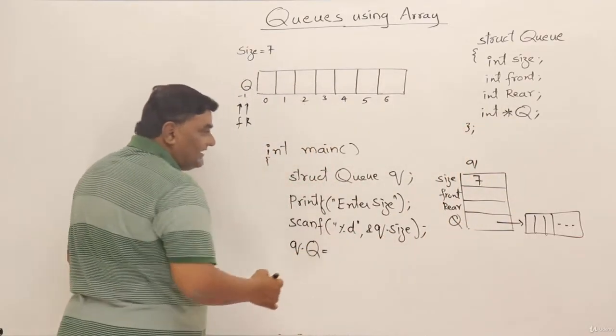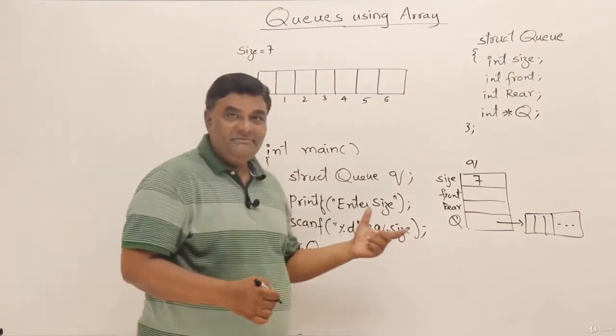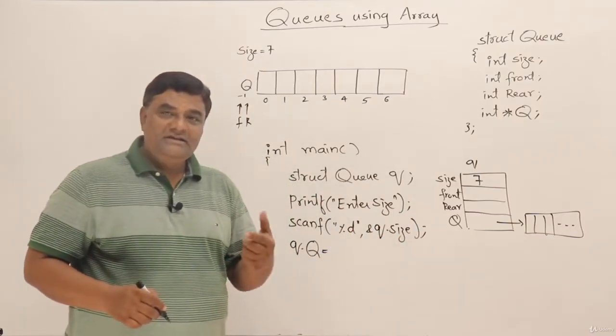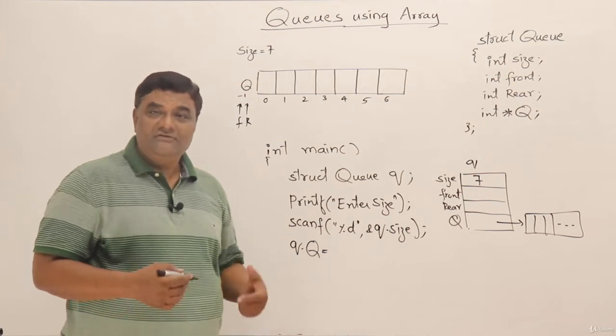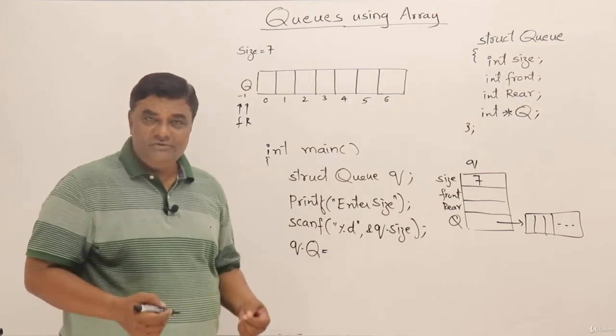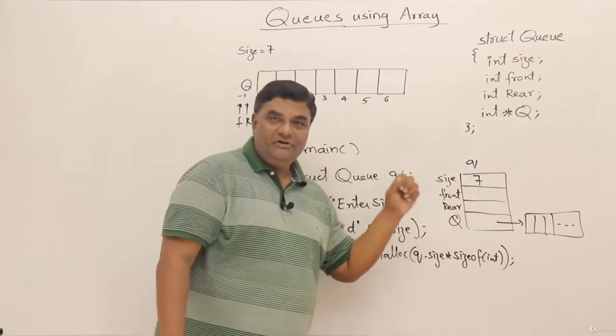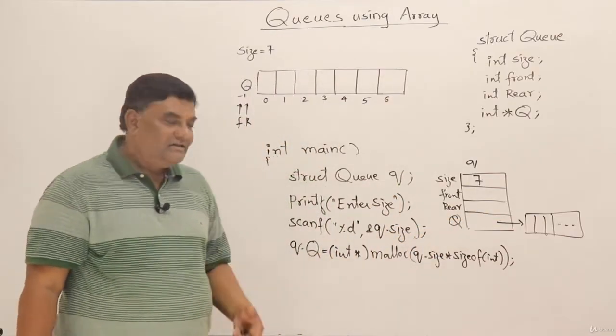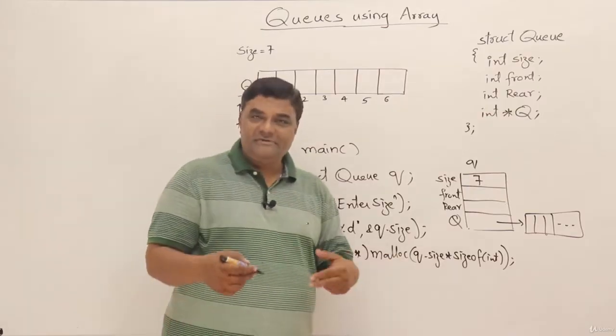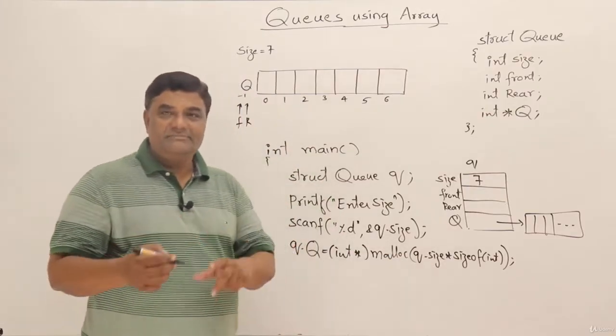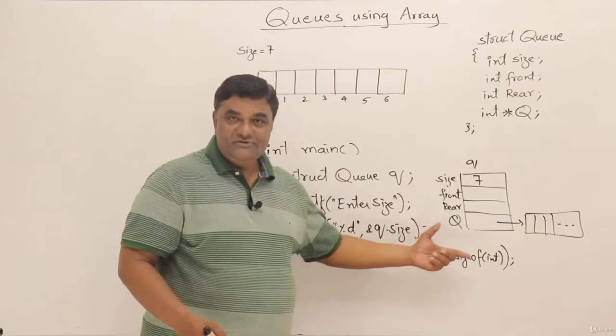Then I dynamically allocate memory from the heap and assign it. For dynamic memory allocation we use the malloc function, or else we can use new. Malloc will create an array and q will point to it. Instead of writing lengthy code I prefer writing new, but while typing the program I am using the malloc function.